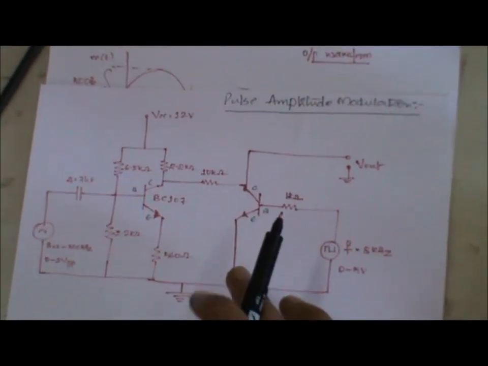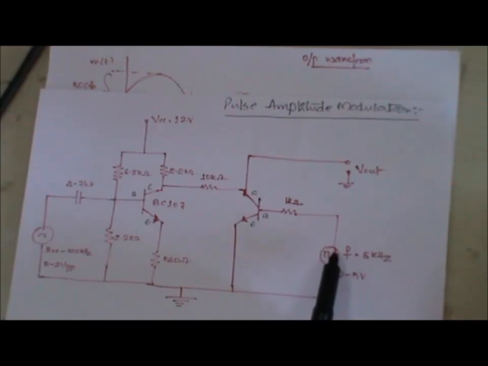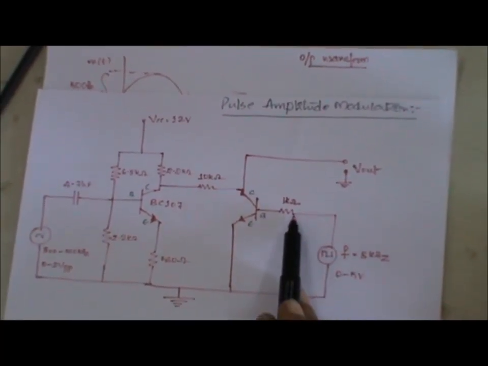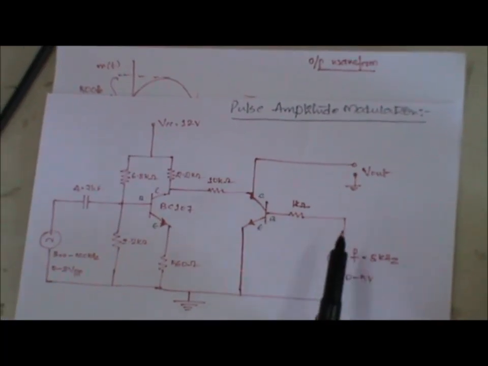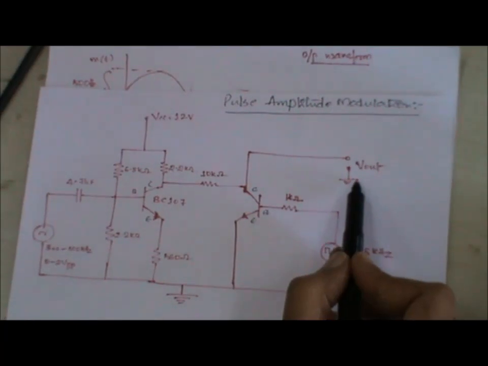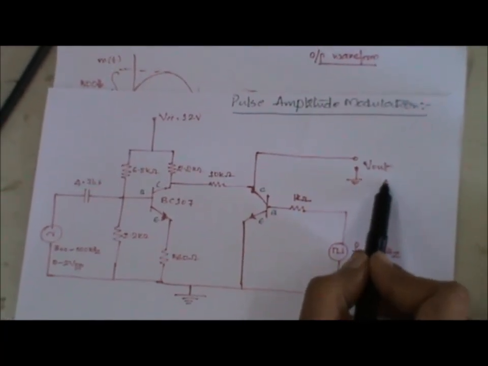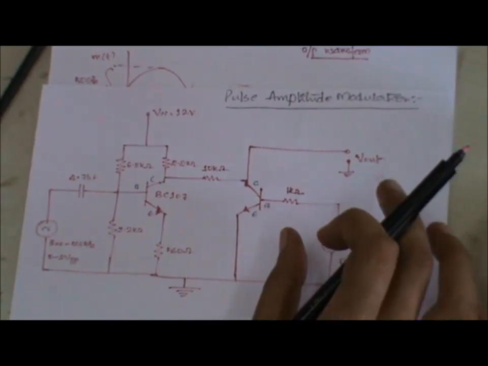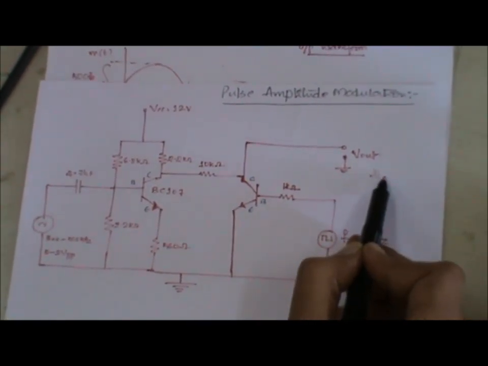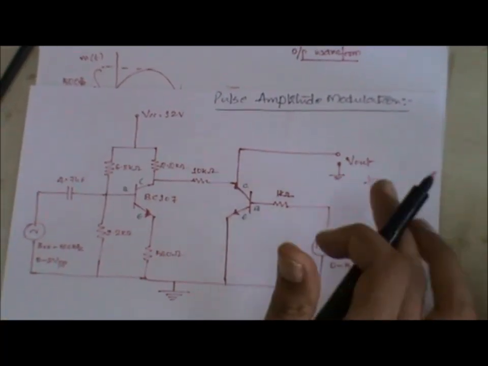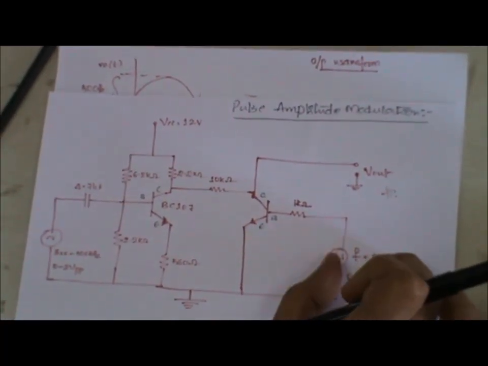When you set up the circuit, initially leave out the carrier signal, that is your square signal, and connect the 1 kilo ohm resistor directly to ground. Check whether across the output you are getting the modulated signal, that is your sinusoidal signal. If so, you can proceed by giving your carrier signal.